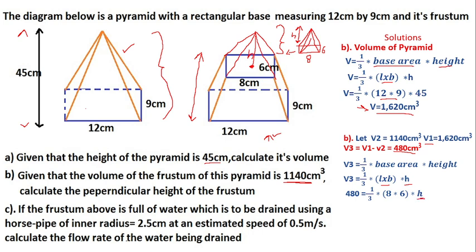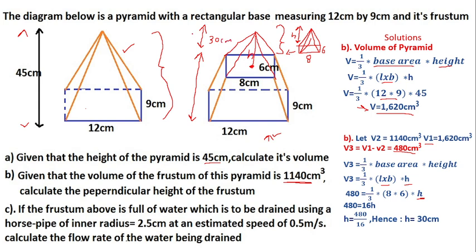So the height you can calculate. When you do that, you are going to find the height to be 30 centimeters. So the height of this top part, look at my explanation there, we have found that this is 30 centimeters.